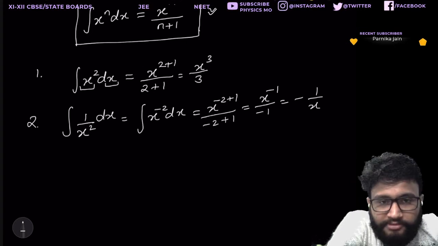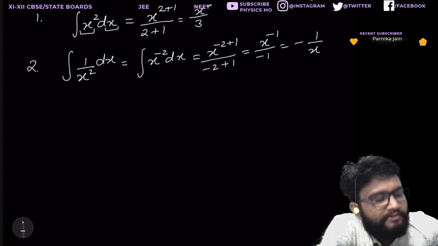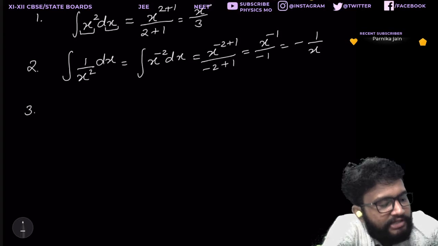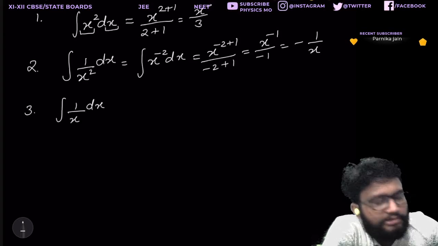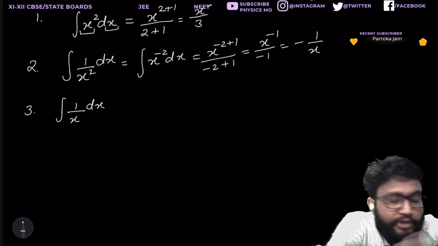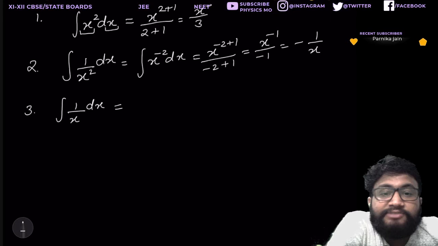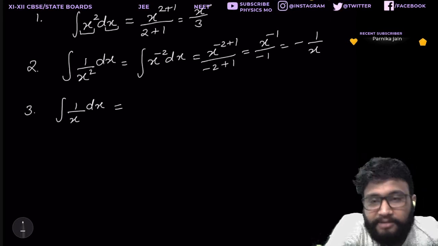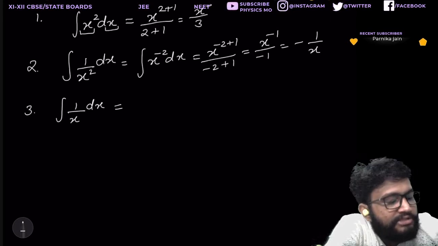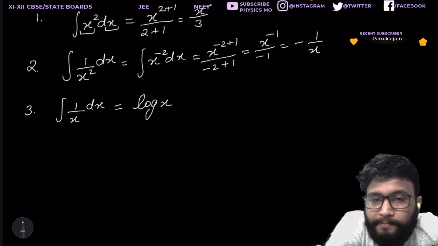This is your answer. Let's take one more example. If you are asked for integration of 1 upon x dx, don't take this 1 upon x as x raised to power minus 1, because it is a direct differential of log x. Does everyone remember?